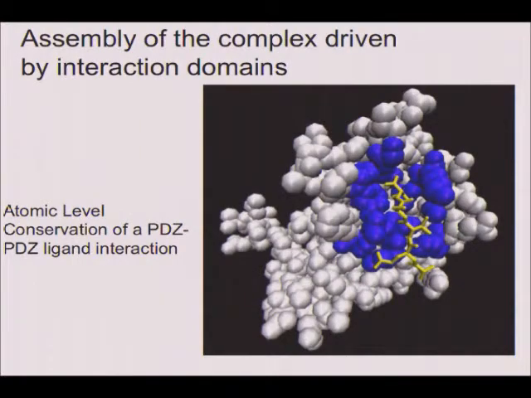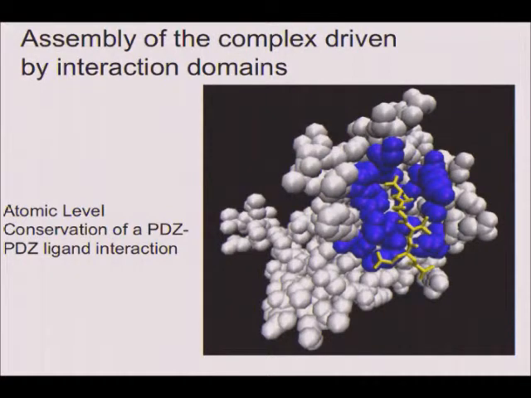So the next question is, if all these genes are expressed, are they also assembling with each other into something? We don't actually know the answer for any of them, but we have some good evidence that at least one interaction that occurs in organisms with a synapse is also occurring in the sponge.